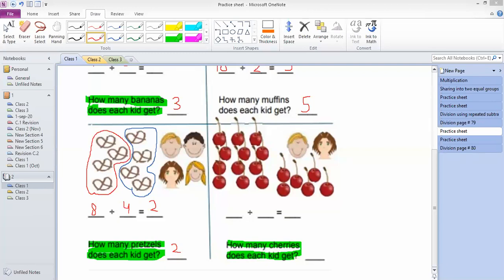Okay. Now there are 18 cherries. You have to divide between two kids. Tell me how many cherries will each kid get? 2. How? You have to distribute all these to only these two kids.